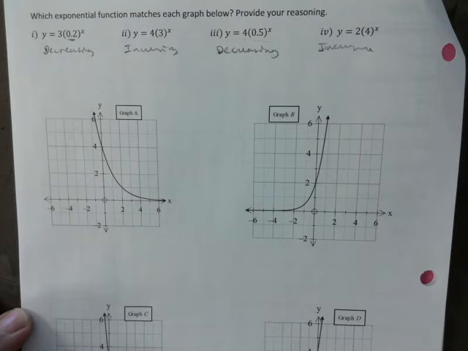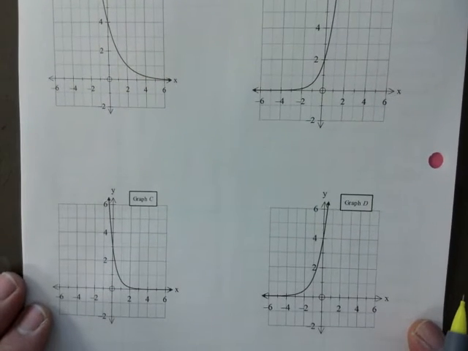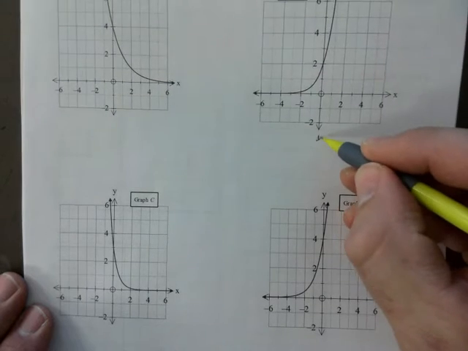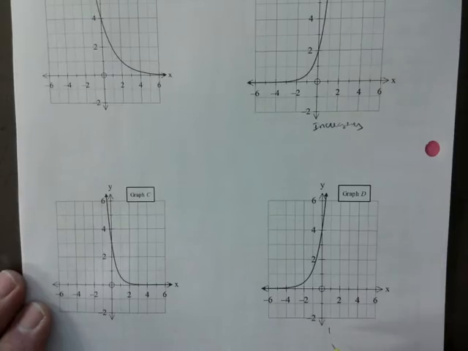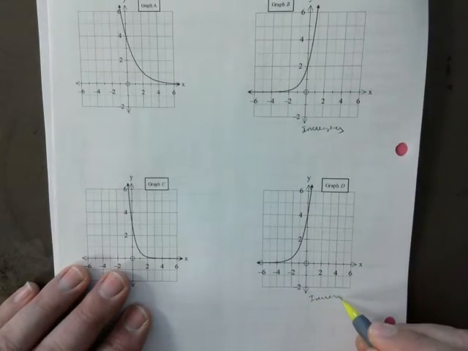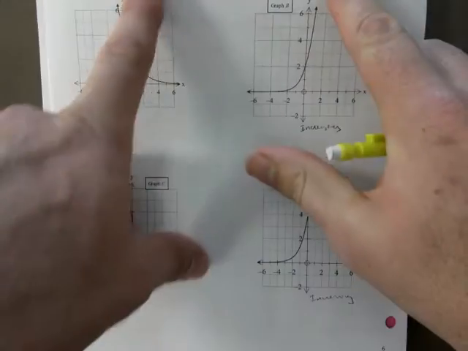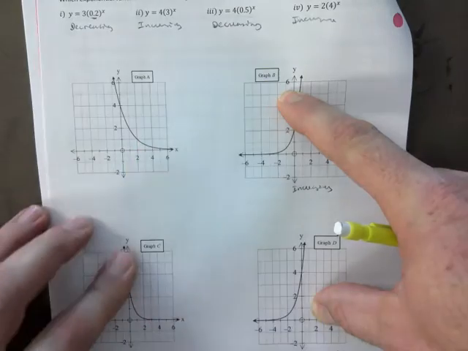So right there, I narrow it down. Then I go to my graphs, and I notice that this is increasing, and this is increasing. This last one here, let me zoom out a bit there, is increasing. So that means that these two up here that are increasing must match these two here.